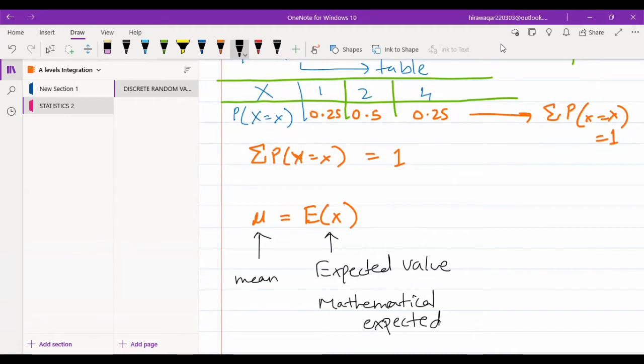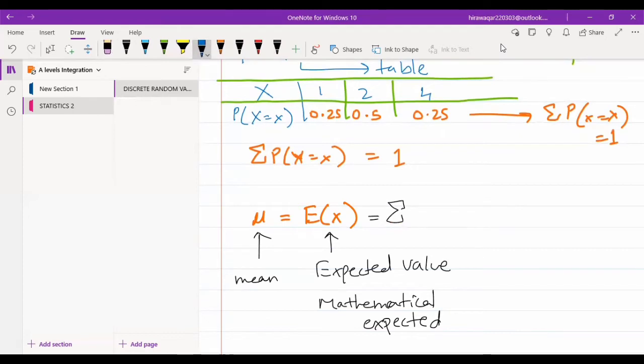But for this probability mass function, you are going to calculate your mean by multiplying your x value with the corresponding probability and summing it.